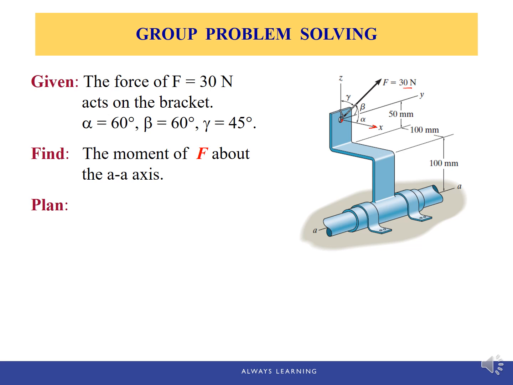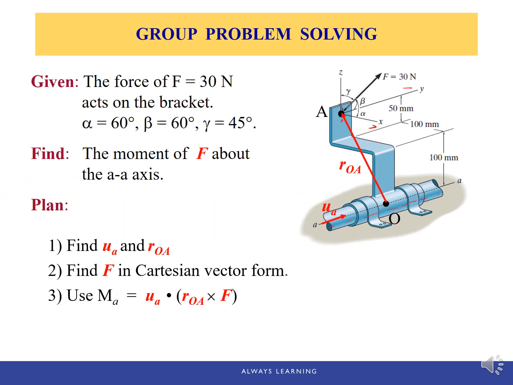And we're looking for the moment of F about this AA axis. So it's a question of a moment about an axis. So the approach here is, again, we need to find the moment about a point first, and then find the projection of the moment on this AA axis.